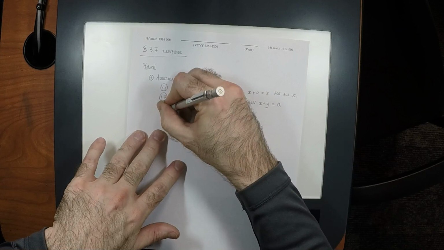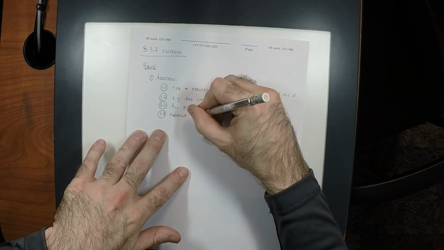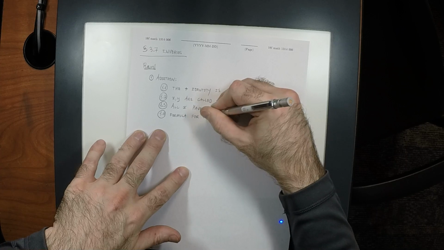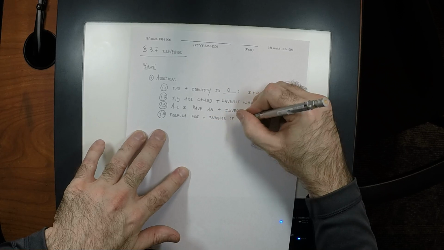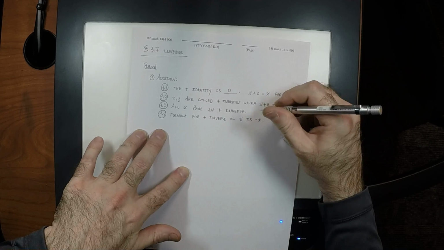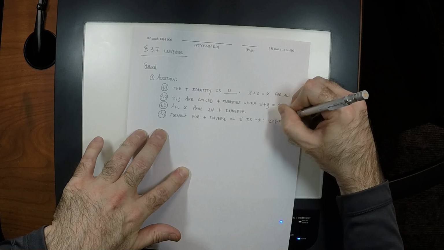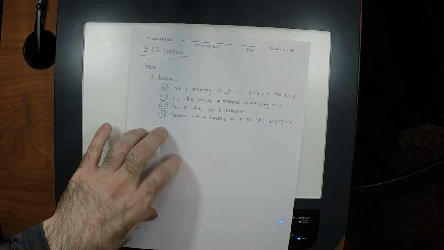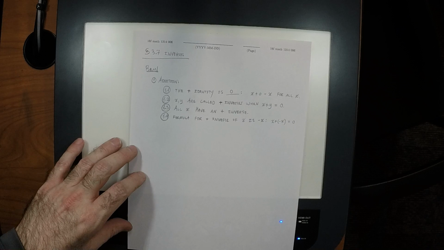And then finally, we can do even better and say that the formula for the additive inverse of x is negative x. Because after all, if you do x plus negative x, what do you get? 0. So what's the additive inverse of 5? Negative 5. And what's the additive inverse of negative 8? Negative negative 8, which is 8, right? Okay. So fine.